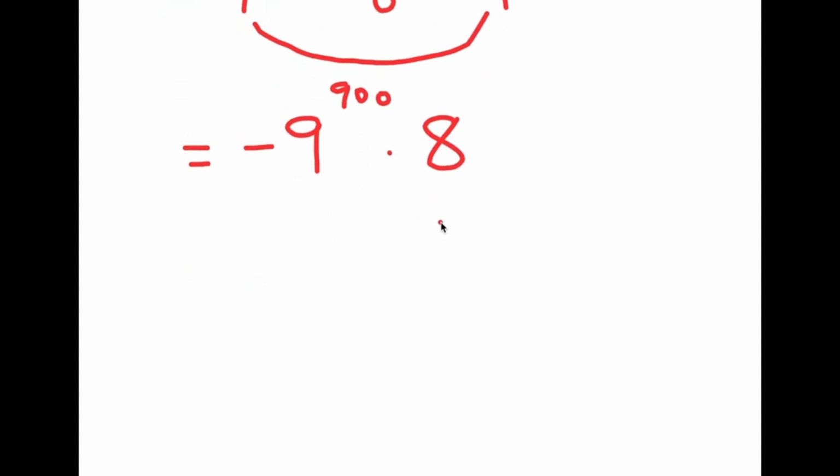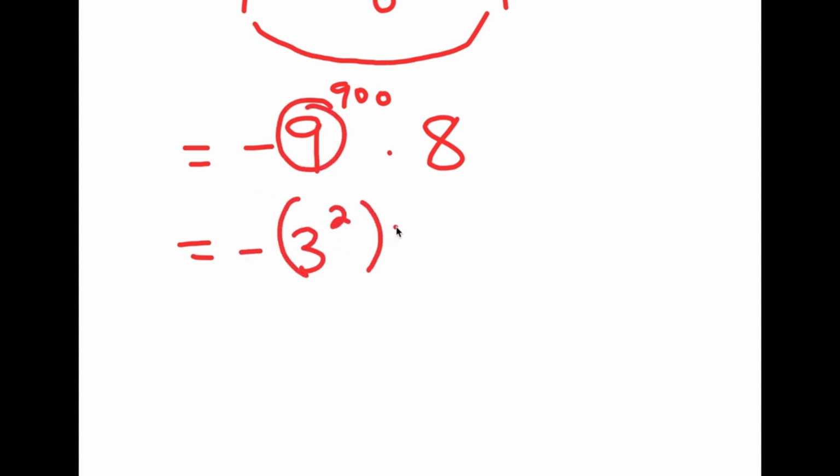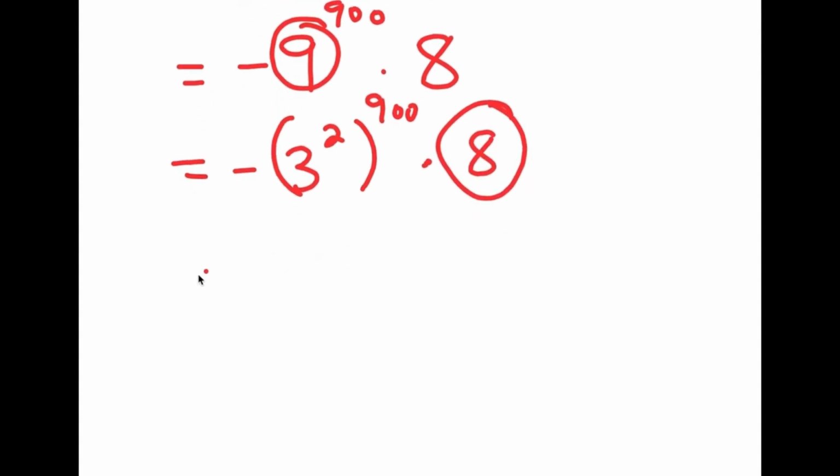Now from here, I can rewrite my 9 as 3 squared. So I get 3 squared to the power of 900 times 8. And now 8, I can rewrite as 2 to the power of 3.